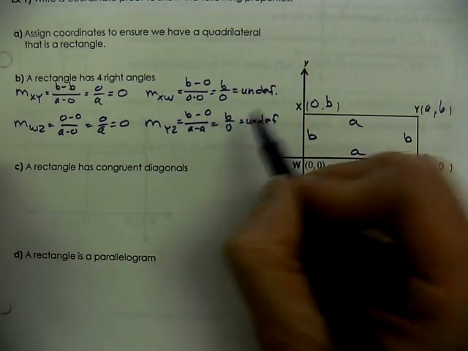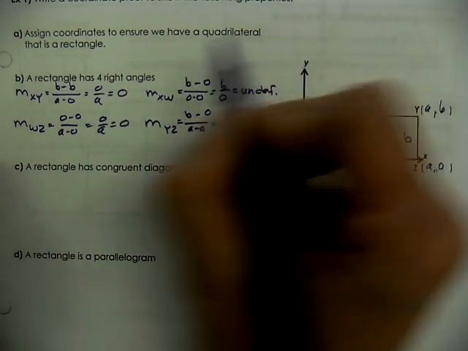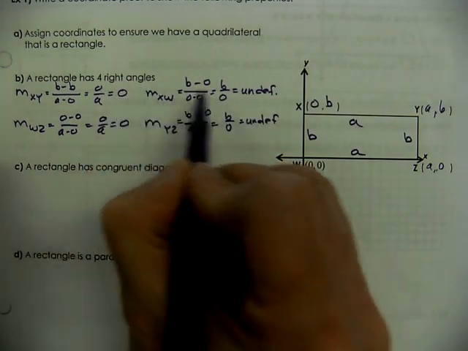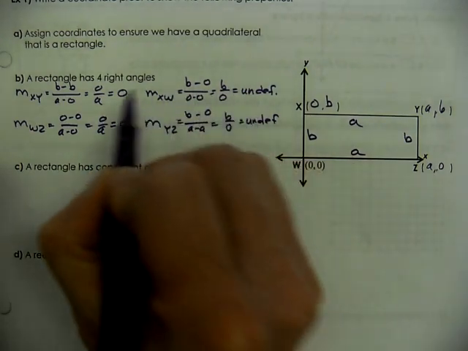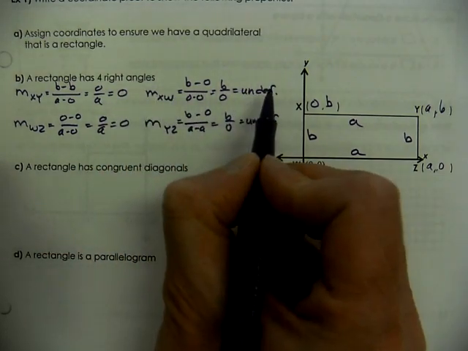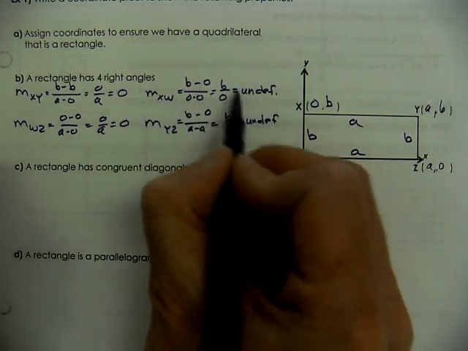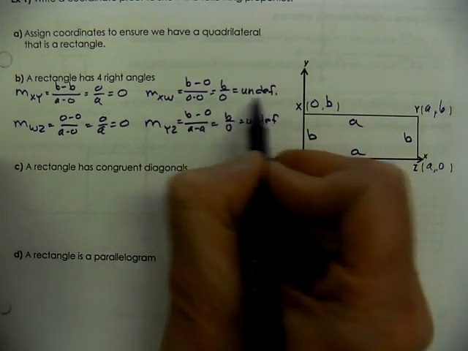But what we're trying to figure out is if you have right angles. And normally, if you have perpendicular lines, you're looking at those adjacent sides to see if those slopes show the pattern of opposite reciprocals, meaning you change the sign and you flip the fraction. And that doesn't work here because undefined is not a number that you can change the sign or flip a fraction for.